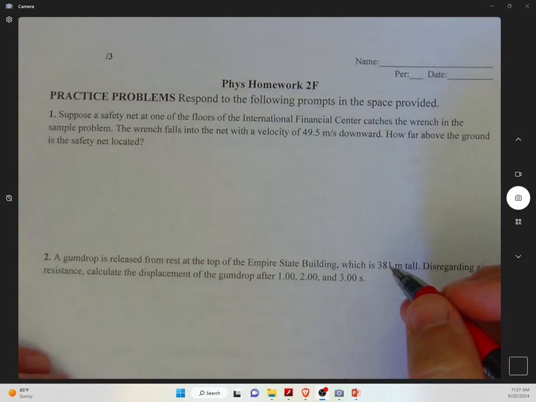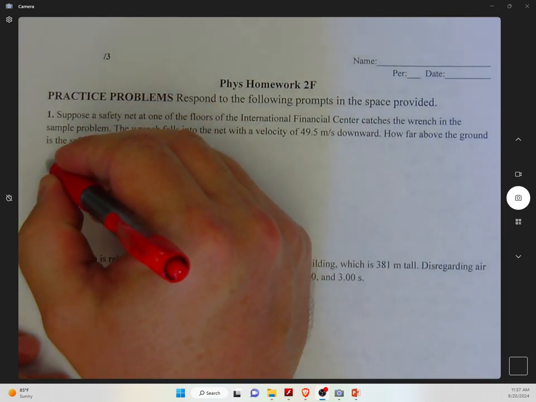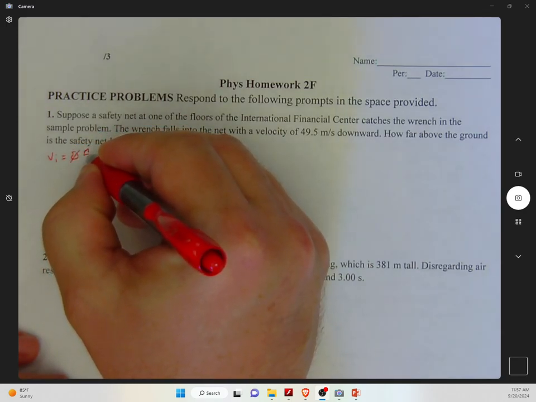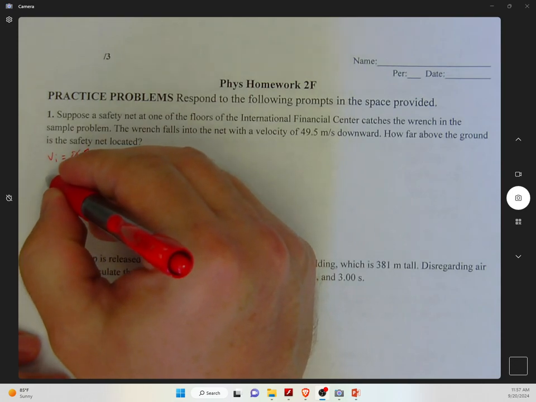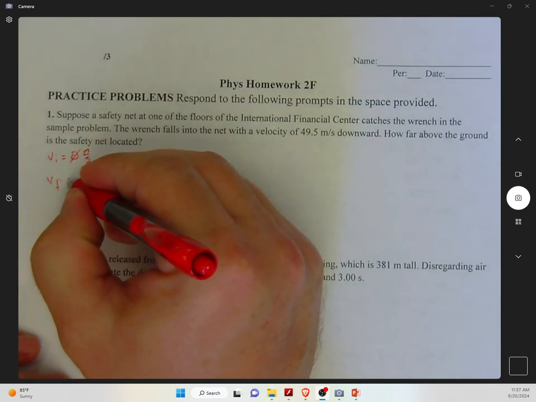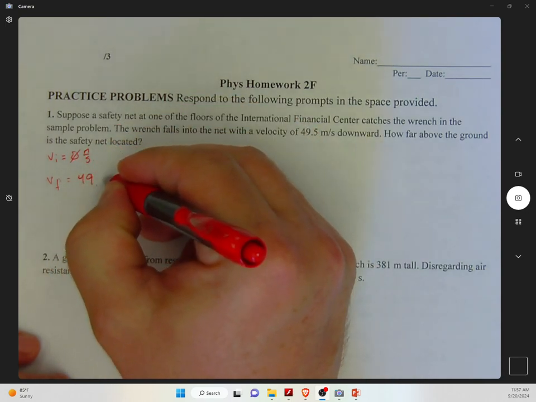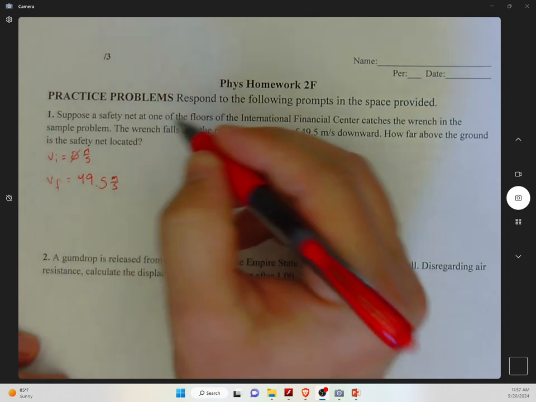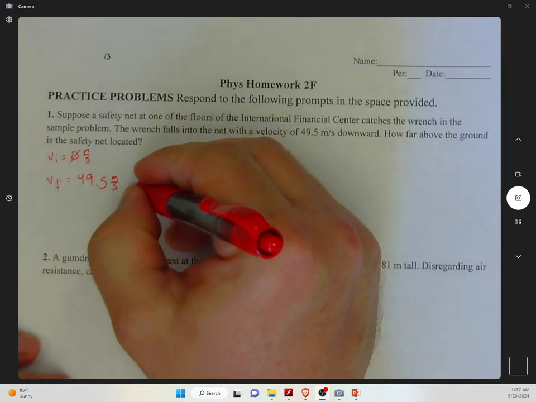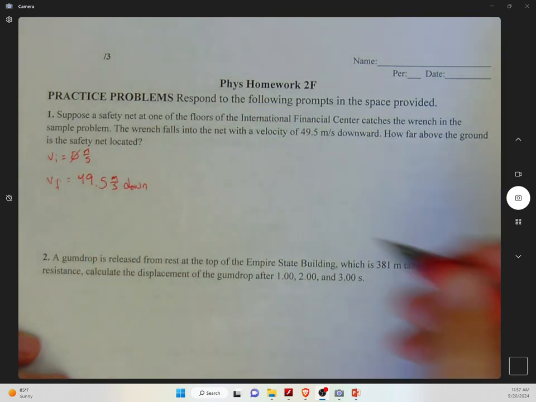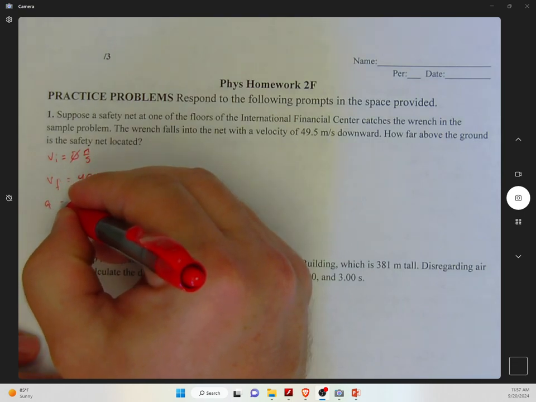All right, so a couple things that I know. I know that the initial velocity of the wrench is 0. I know that the final velocity is 49.5 meters per second, and that's going to be down. What else do I know? I know acceleration.